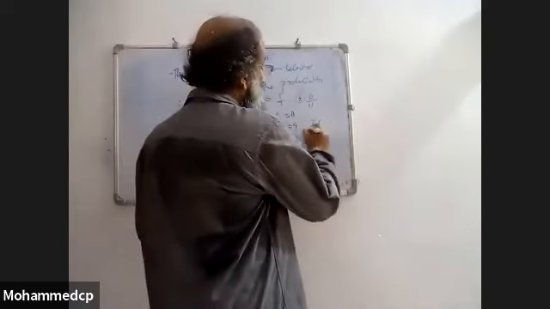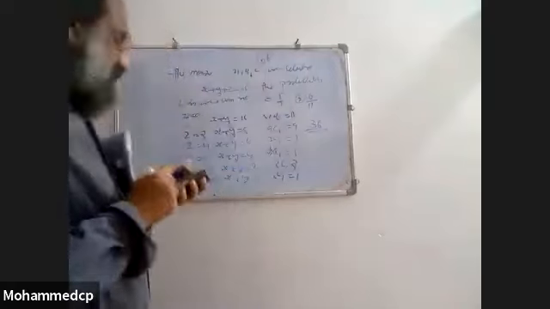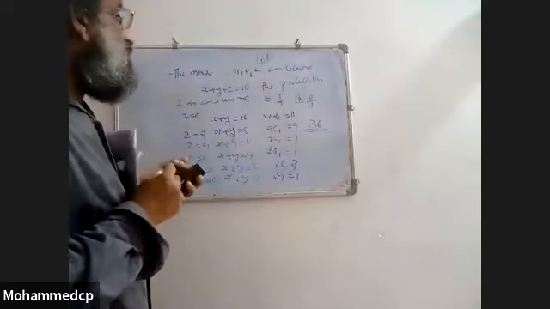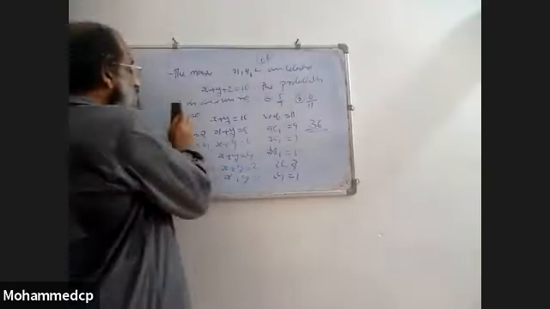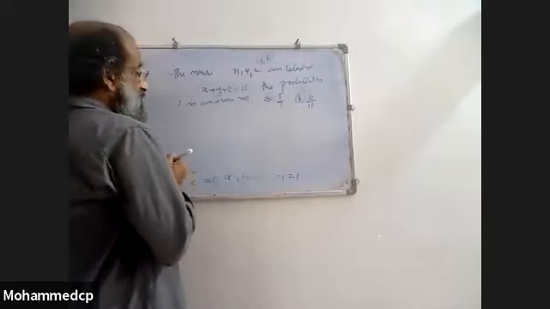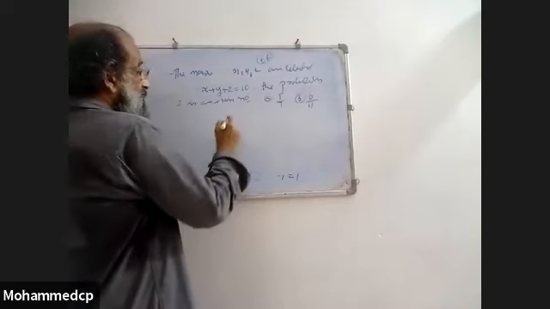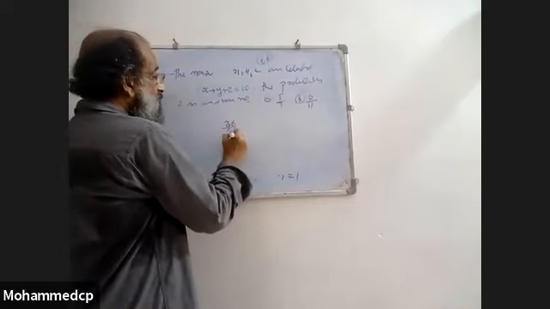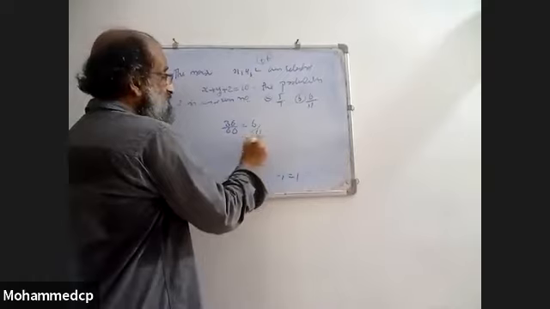Therefore, the number of favorable cases is 36. Therefore, probability equals 36 by 66, equal to 6 by 11.